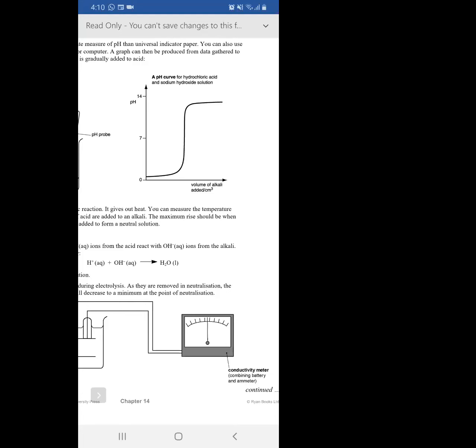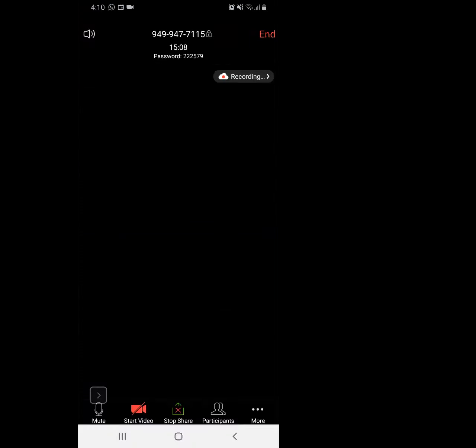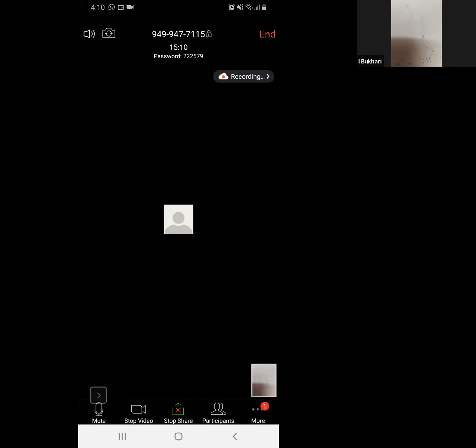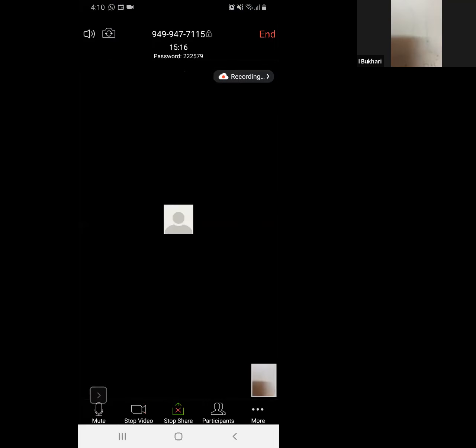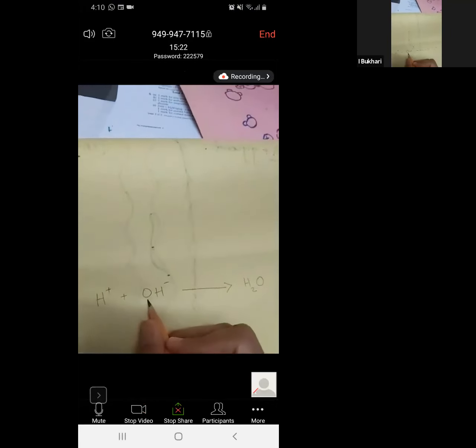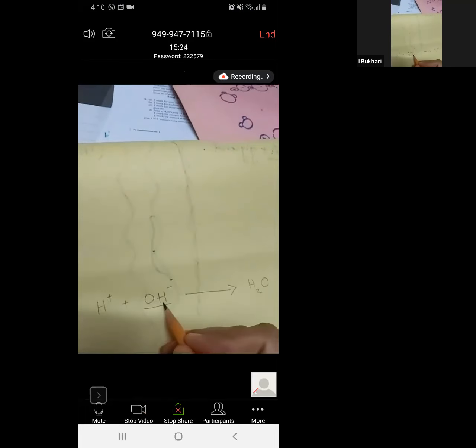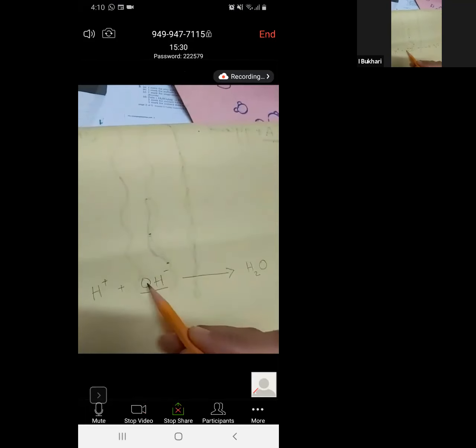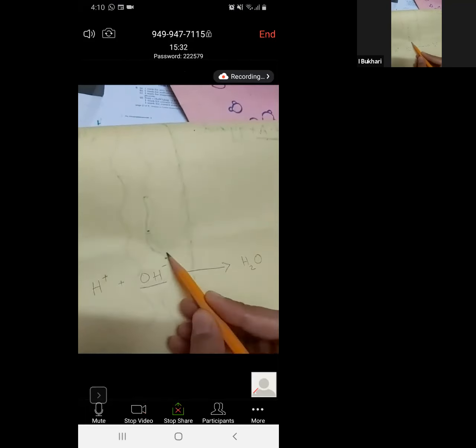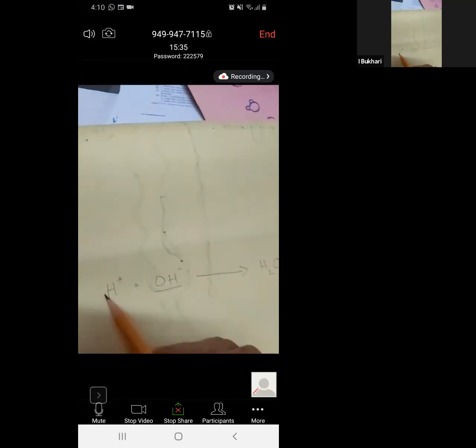That's because, okay, good job Vajiha, because we are adding slowly. Yes, we are adding slowly, as well as, when we are adding alkali, the pH rise will take place only when there is an increase in the concentration of this, and a decrease in the concentration of this.